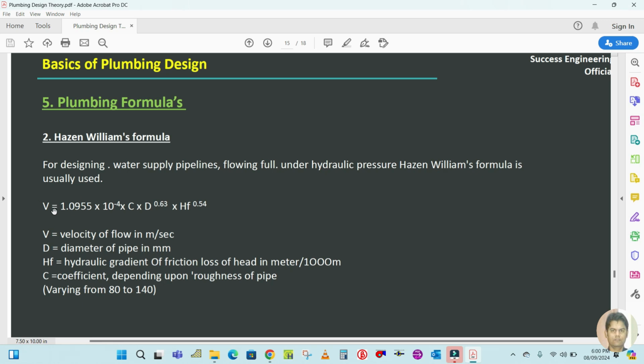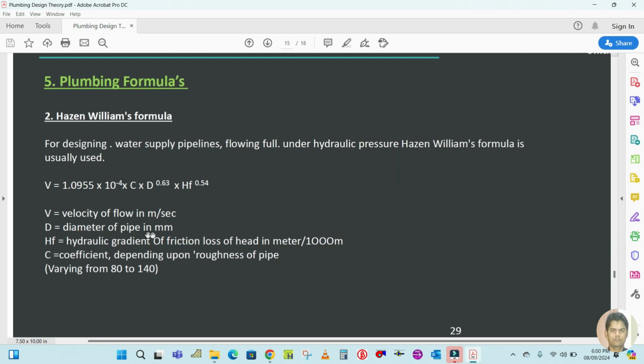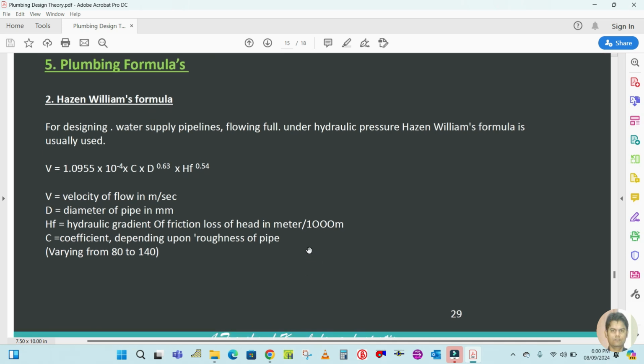Here V is equal to 1.0955 times 10 to the power minus 4 times C times D to the power 0.63 times hf to the power 0.54, where V is the velocity of the flow in meters per second, D is the diameter of the pipe in mm, and hf is the hydraulic gradient, the friction loss of head in meters per 1000 meters. So per 1000 meters, what will be the friction loss?